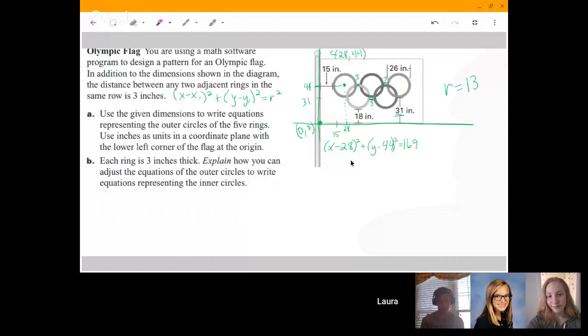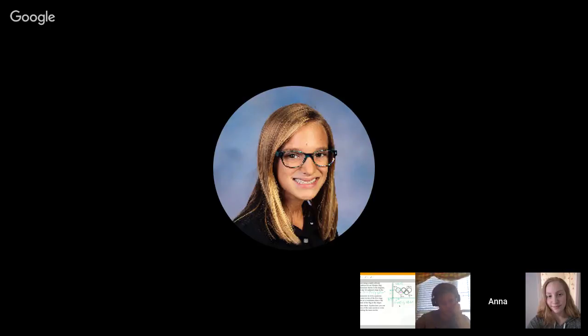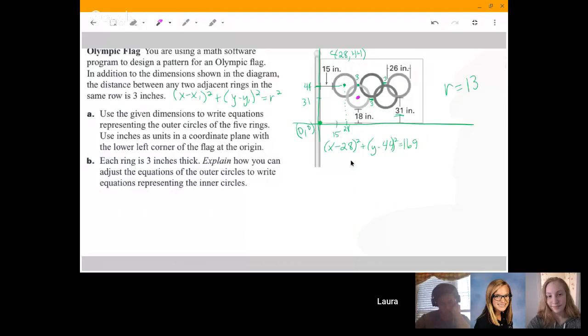For the X value, we need to now find this center. So we came out 15, and then we got to the center of that circle.